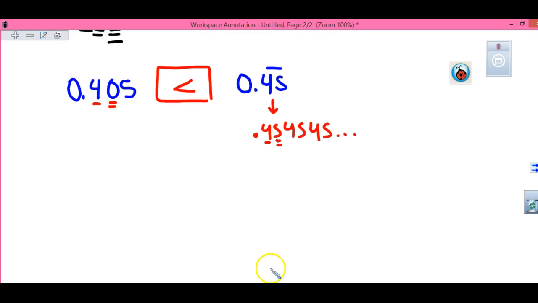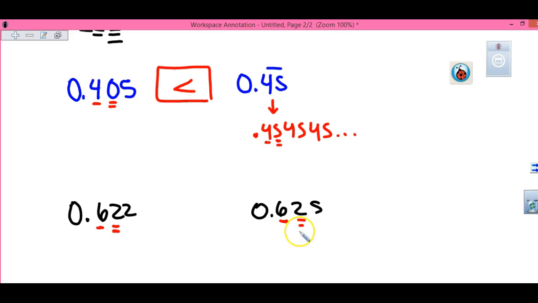Let's try another one. We have 622 thousandths compared to 625 thousandths. So let's look at the number in the tenths place. Exactly the same. The number in the hundredths place, exactly the same.